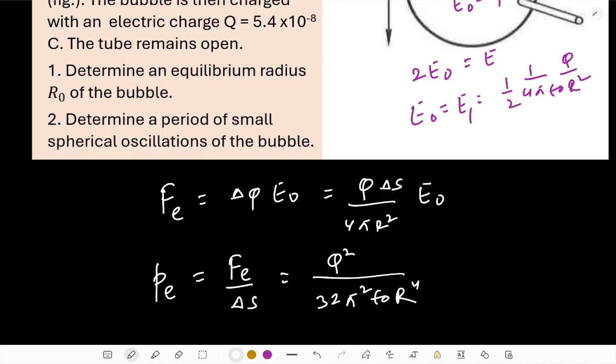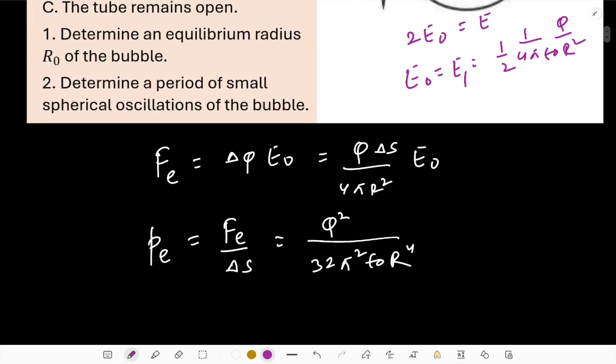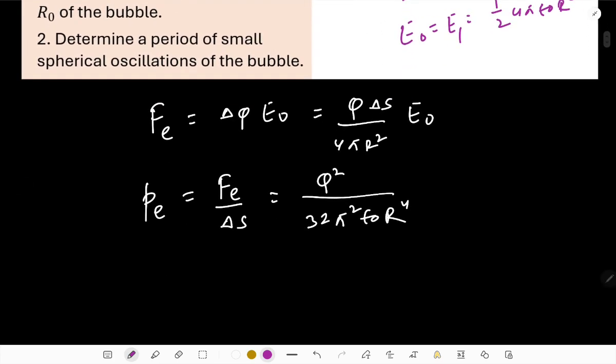The pressure difference due to surface tension on this surface will be in this direction, and its value is definitely 4 sigma by R, because it's a soap bubble and its radius is R. So the net pressure P will be equal to PE plus the pressure due to surface tension, which I would like to call P sigma.